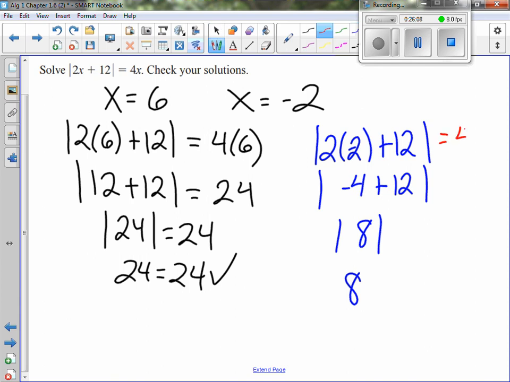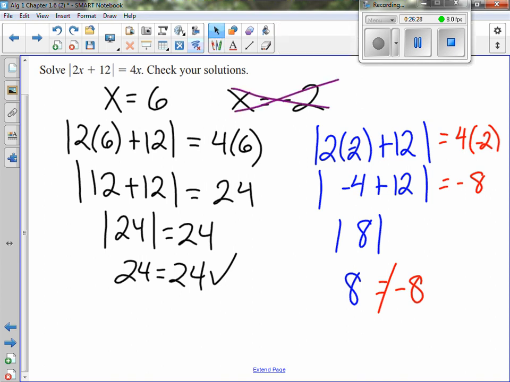Well, it said this is equal to 4 times x, so 4 times negative 2. Well, 4 times negative 2 is negative 8, isn't it? Is 8 equal to negative 8? No, right? So what we would say is that x equals negative 2 is an extraneous solution.